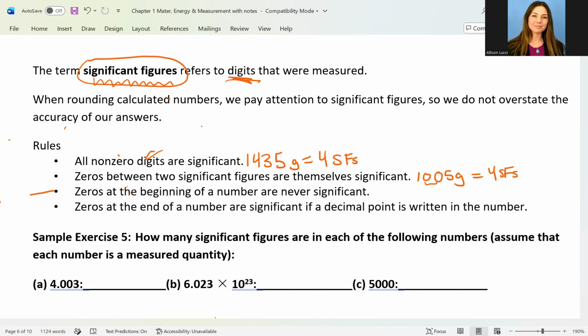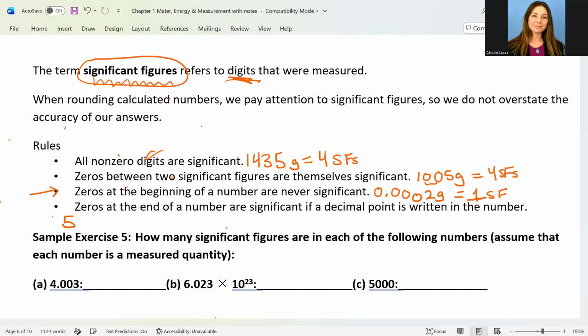Then we're told in this third rule that if we have leading zeros, or zeros at the beginning of a number, such as 0.0002 grams, for example, this would only have one significant figure, one sig fig, and all of those zeros will be non-significant. This last rule tells us that zeros at the end of a number are significant if a decimal point is written, as opposed to just being a placeholder.